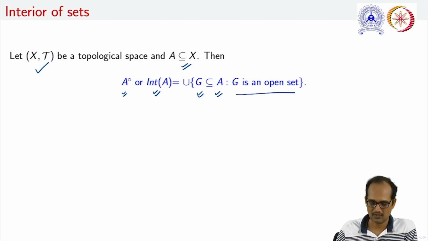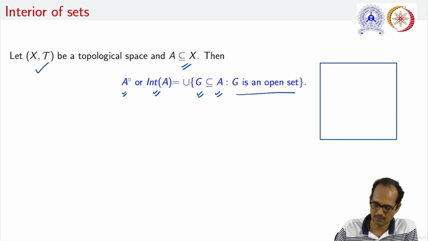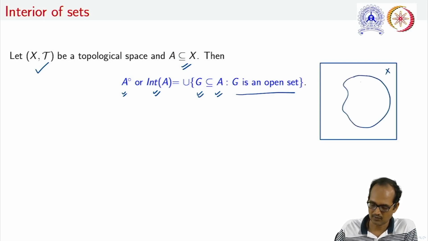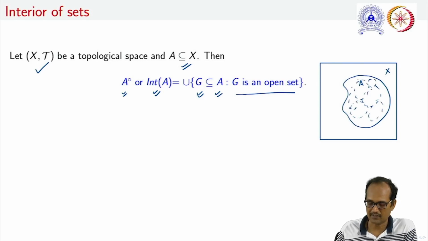The meaning is that we are taking the union of all open sets which are inside A. If we have a set X and a set A, whenever we try to find the interior of A, we take the union of all open sets inside A, and what we get is nothing but the interior of the set itself.